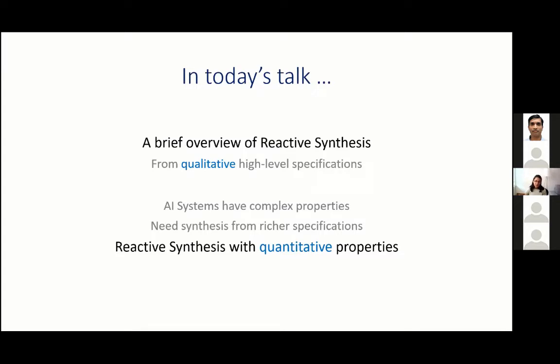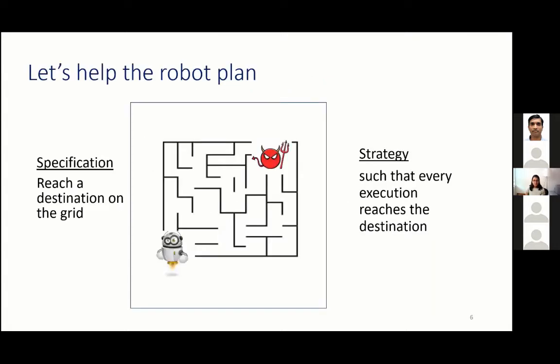Which is why in the bulk of the talk, I will discuss my work on reactive synthesis with quantitative properties. With quantitative properties, you can specify behaviors which are much richer than what can be done with qualitative specifications. All right. So let's get started.